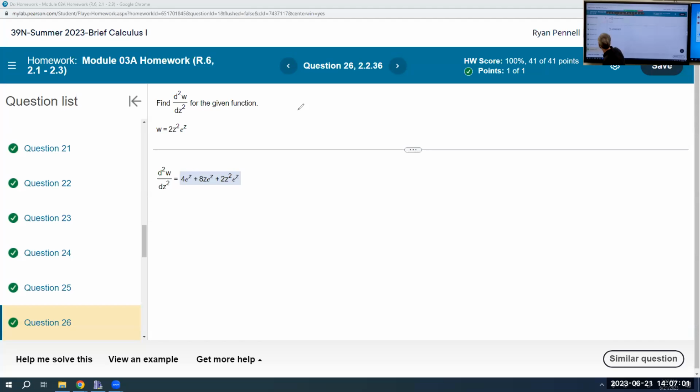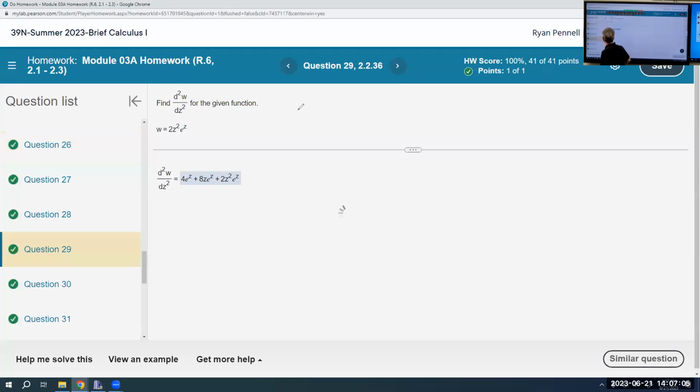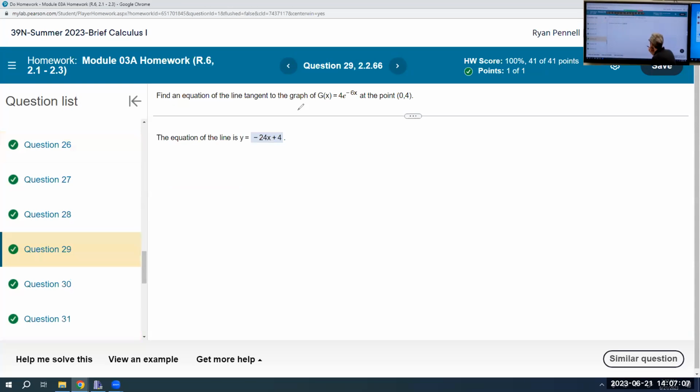26. And let's go down to 29. Find an equation of a line tangent to the graph g of x equals 4e to the negative 6x at the point 0, 4. Okay, find the tangent line. Classic Calc 1 question.